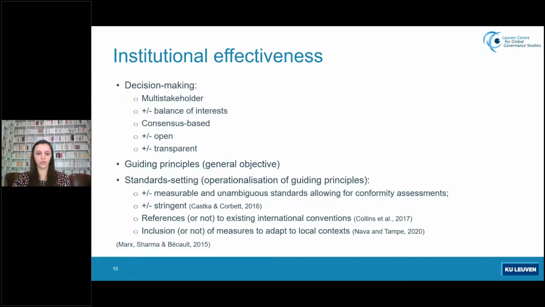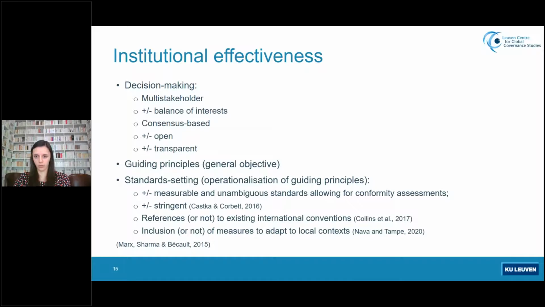Then VSS develop a set of standards, which basically operationalize the guiding principles into measurable and unambiguous standards or benchmarks that will allow for conformity assessments. But here as well, depending on different VSS schemes, standards can be more or less measurable and more or less unambiguous.